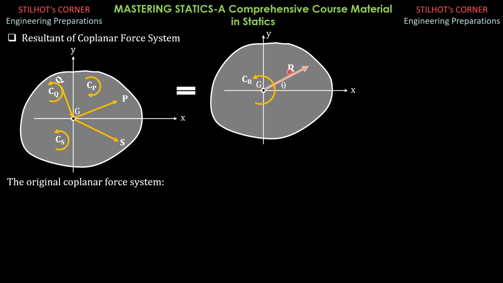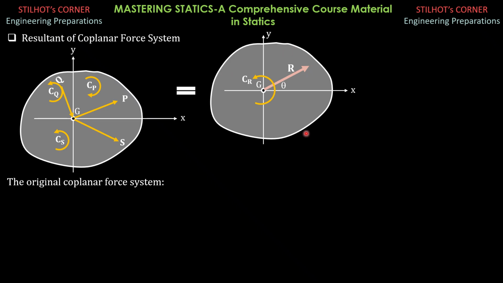So that's why you have this result here. And that's an easy job in finding that resultant. Rx is simply the summation of forces in x, and Ry is the summation of forces in y.